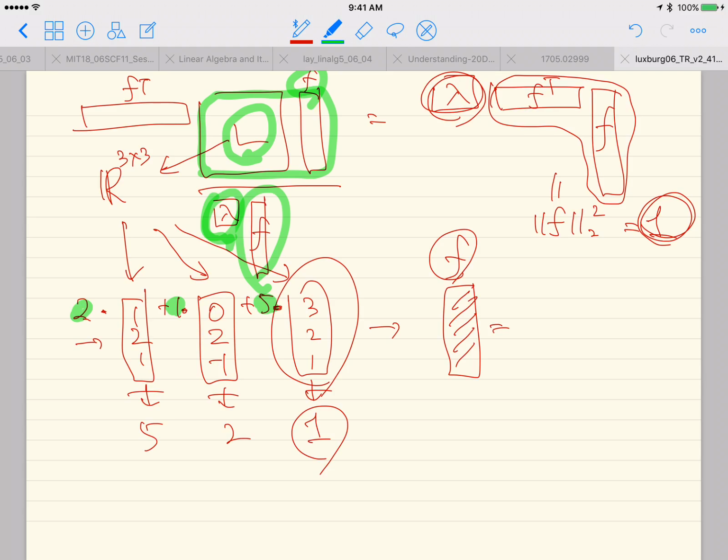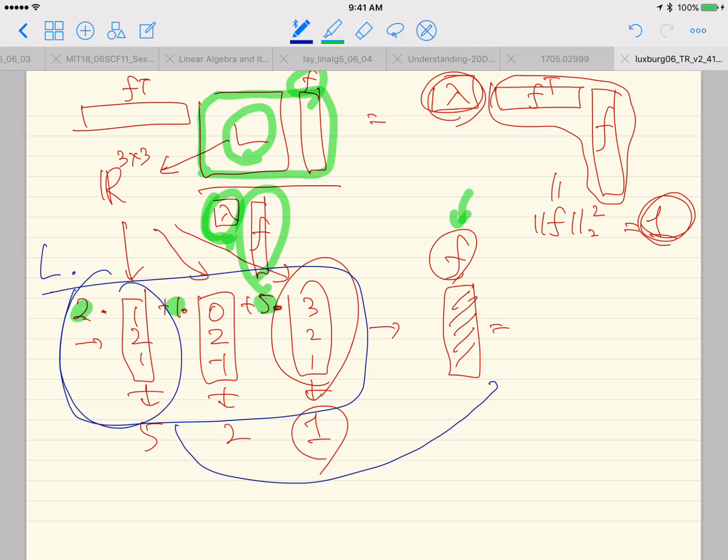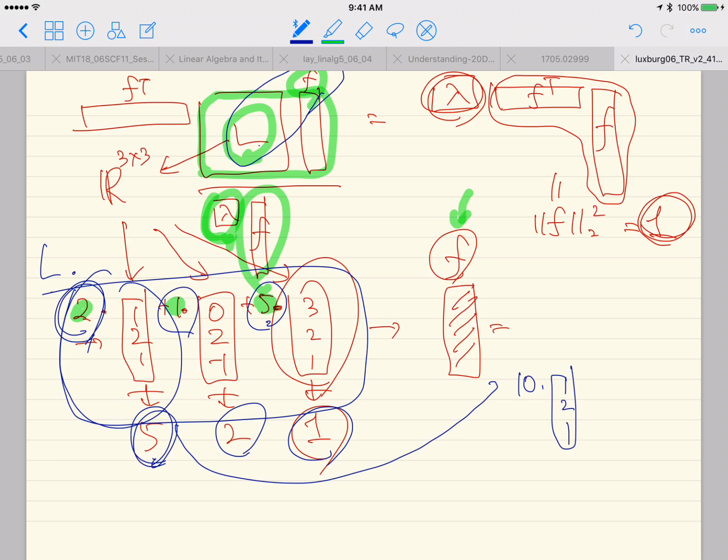So if your vector f was a linear combination of those, then when multiplying the matrix L on the left, this part will become the same vectors, 1, 2, 1, and 2 times 5, so 10, right? So your original linear combination coefficients are multiplied by the corresponding eigenvalues. So that's the result of L times f, okay?